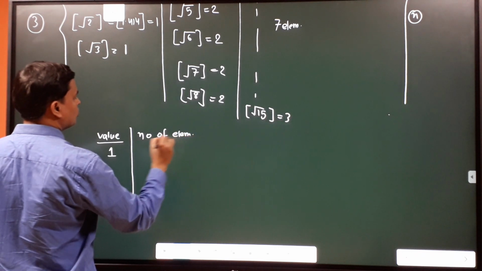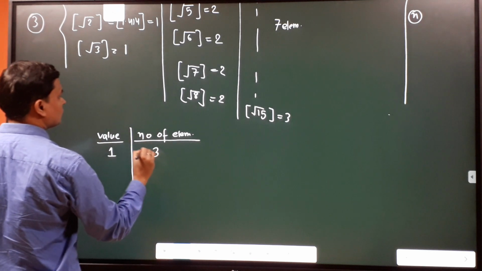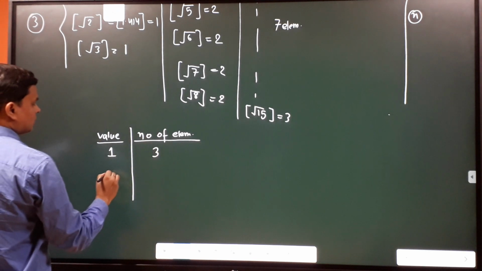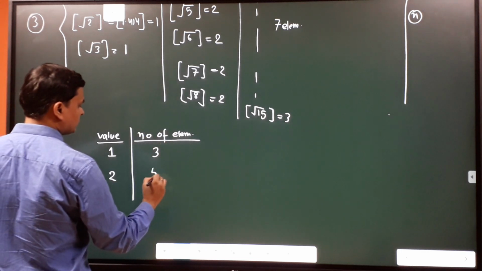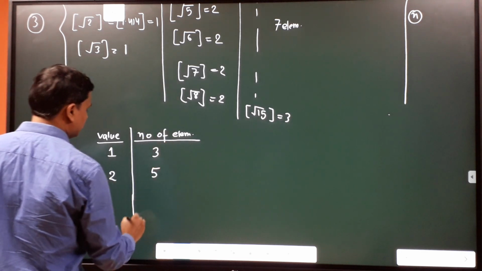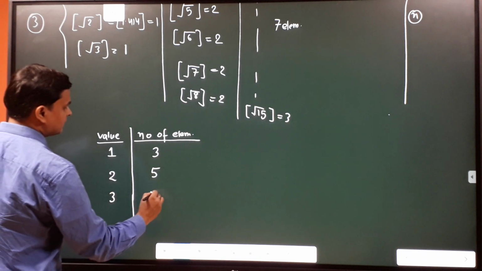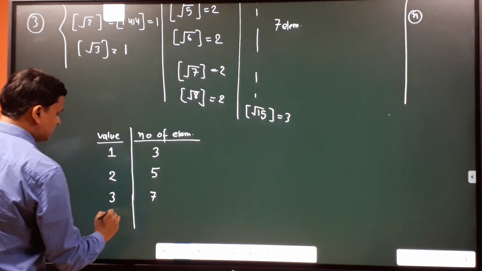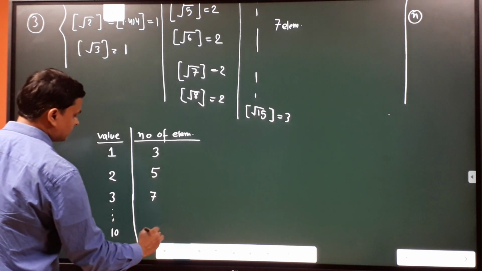Okay. So how many elements were there whose value was 1? 3. Now for the value 2, how many elements were there? 5. For the value 3, how many elements were there? 7. So similarly for the value 10, how many elements will be there?